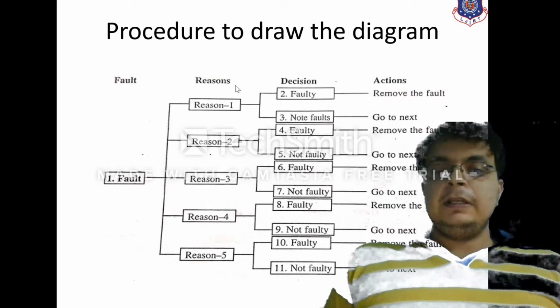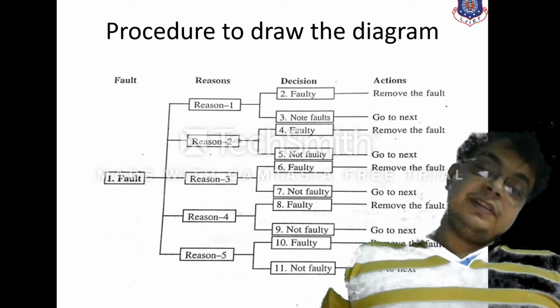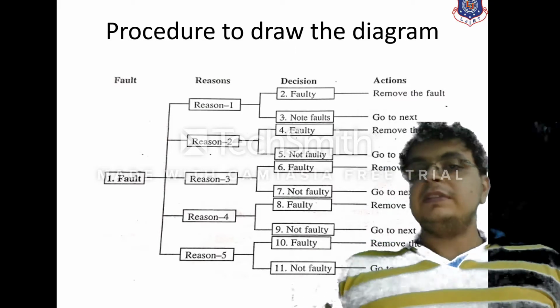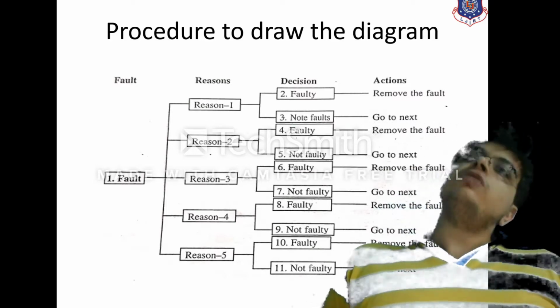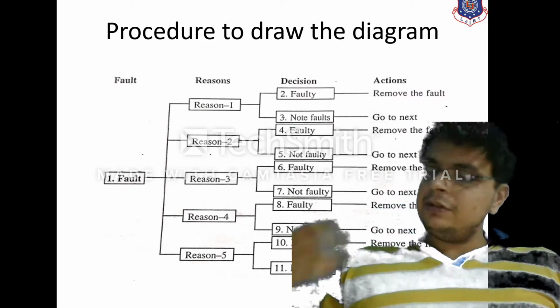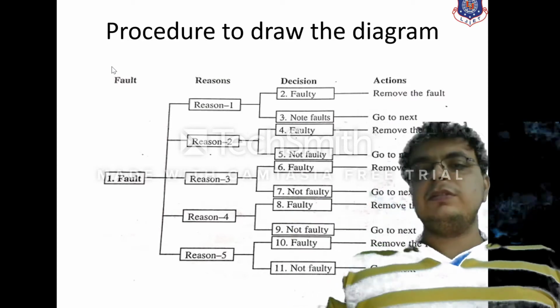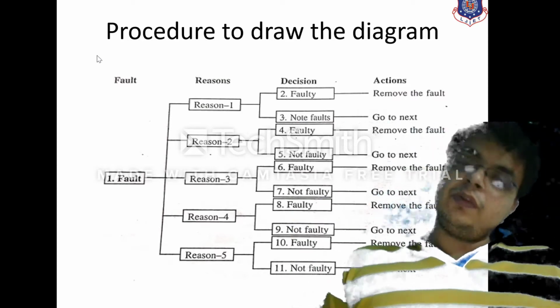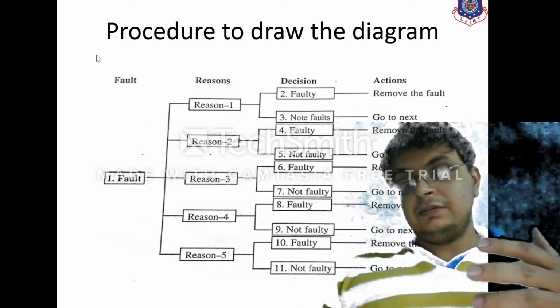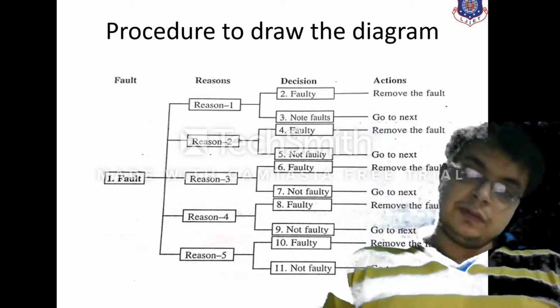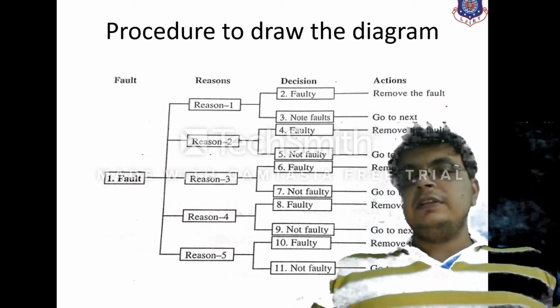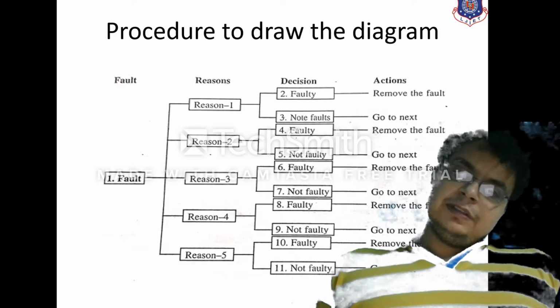If reason 1 is faulty and it is causing the problem, then remove that fault. If it is not causing the problem, then go to the next. Next is reason 2. If reason 2 is faulty, then remove that fault. If not faulty, then go to the next.